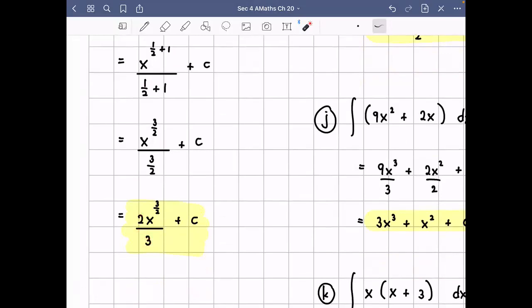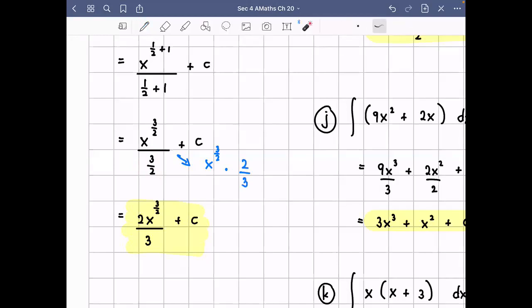Now, if you're wondering how the 2/3 got here, let's go back. Before we got our final answer, remember how we divide fractions. We have x raised to 3 over 2 times the reciprocal of the denominator, so we get 2 over 3.